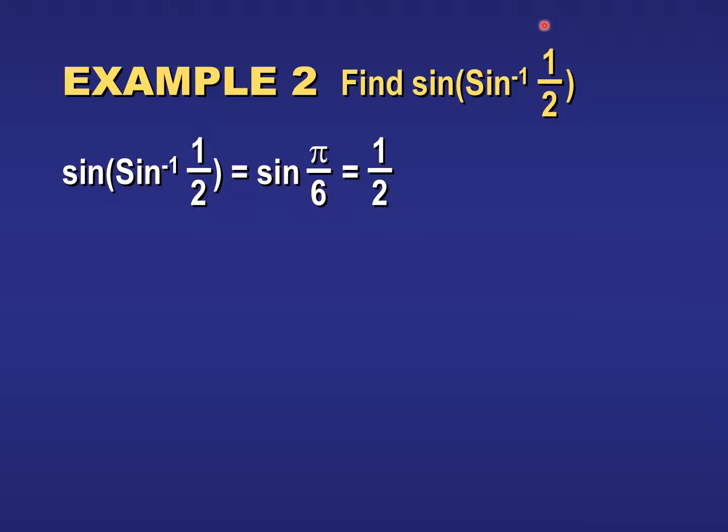So sine inverse of 1/2 is pi over 6. That means now we have sine of pi over 6, and sine of pi over 6 is 1/2. So here's a neat little trick. If you have sine and sine inverse, the same exact function going on, it's just going to be whatever the inside answer is. So that's an easy trick to know.